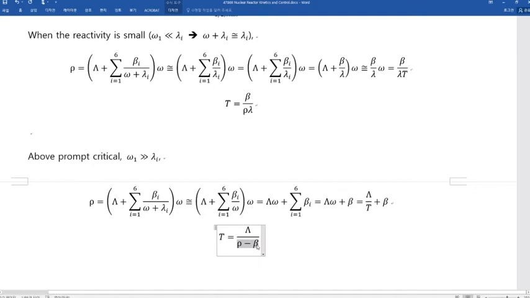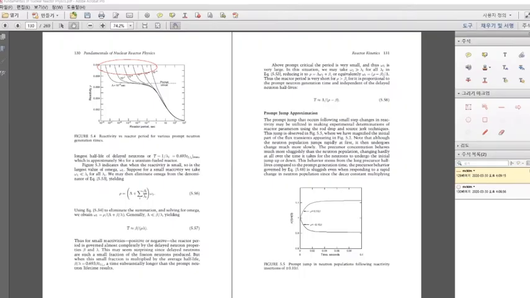So if we go back to the figure, if reactivity is this value, then the difference between this dotted line and this reactivity is rho minus beta.